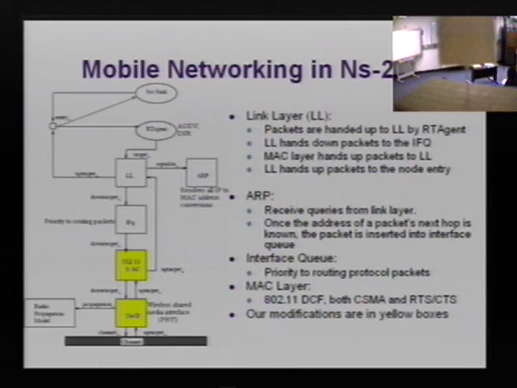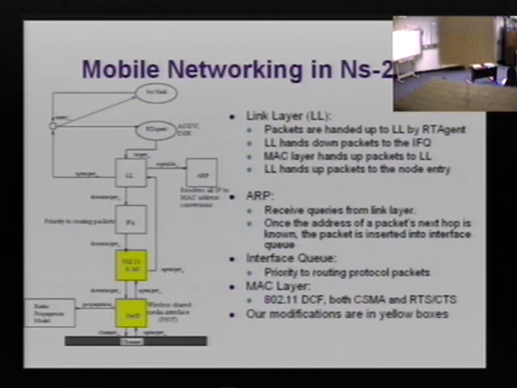When going up, AODV just gives them to link layer, and then it goes to the node entry. This is just a convention in the NS2 code. In that, it goes either to source, to sink, or routing agent, and then if it's being forwarded. Of course, there is some multiplexing here, but that's not our issue here.